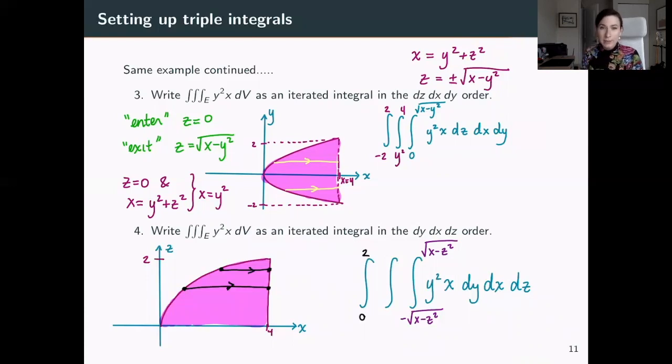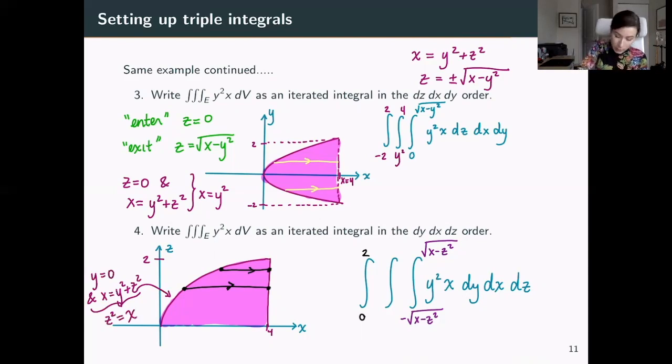And then we need to figure out how our x's are varying. We can notice that the equation of this line here is happening again when our y is equal to 0 and our x is equal to y squared plus z squared, which gives me that my z squared is equal to x.